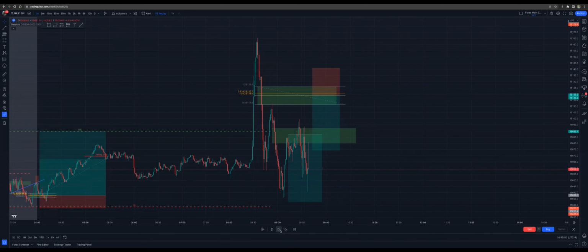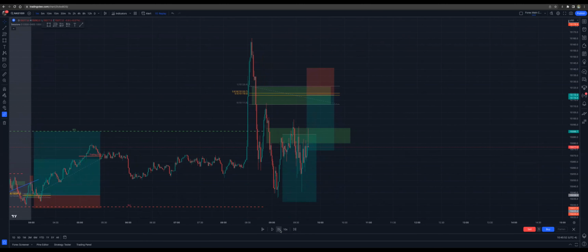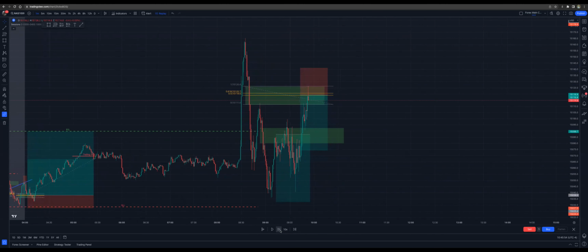So I waited on price to come up. And once price came up right here, it tagged me in. So I'm looking for a 1 to 2 here. Could have possibly taken it down to this previous sell side liquidity, 1 to 4. But I'm just looking for 1 to 2 here since we got so much volatility in the market.